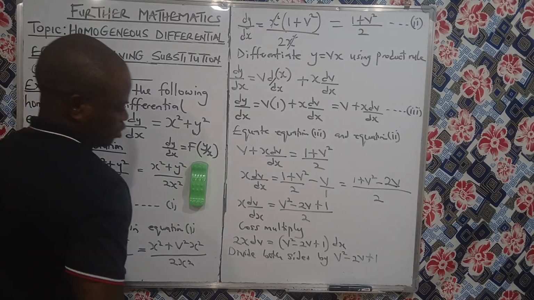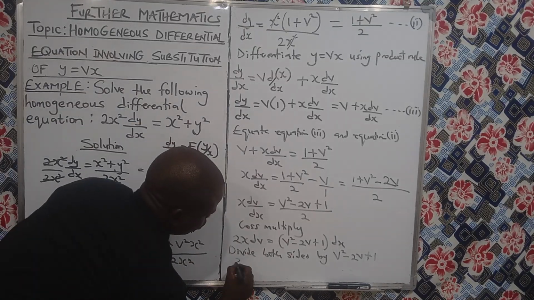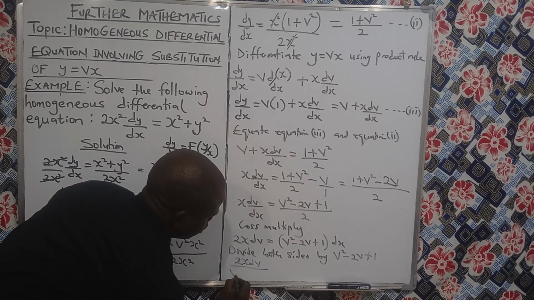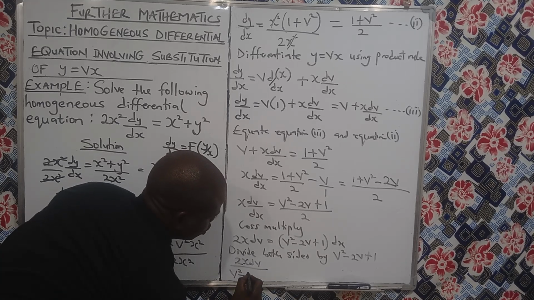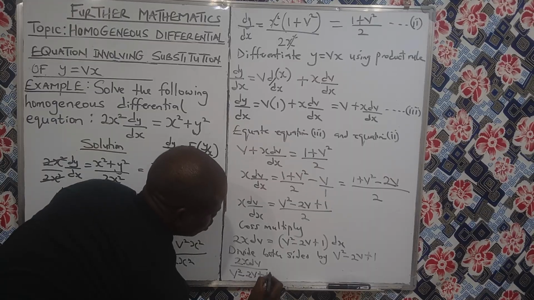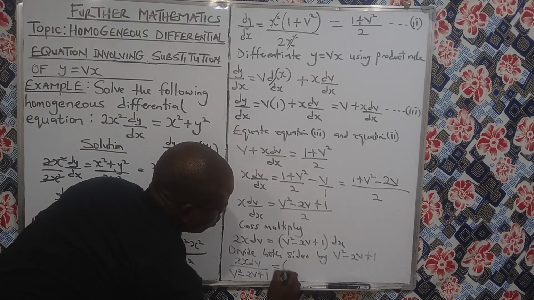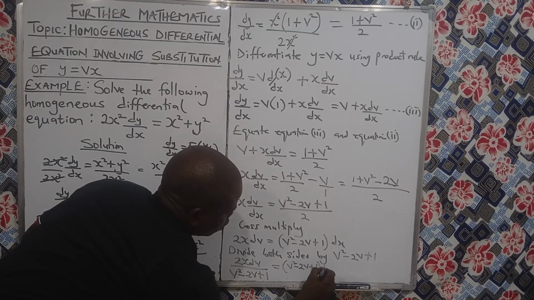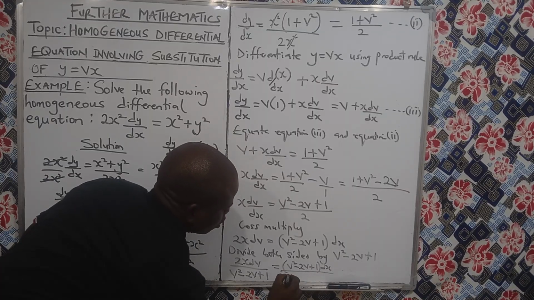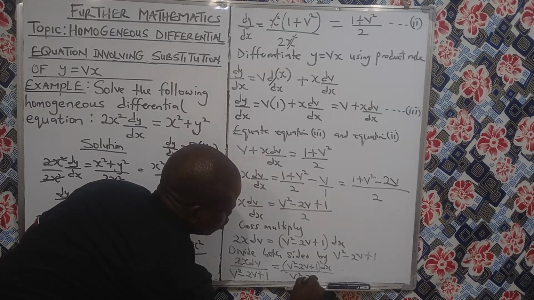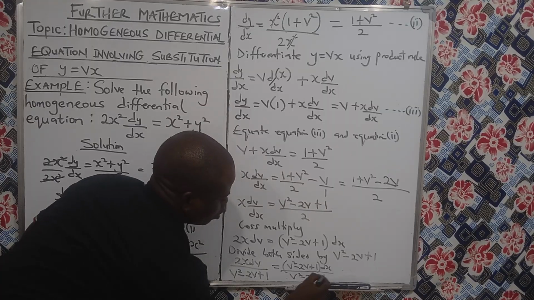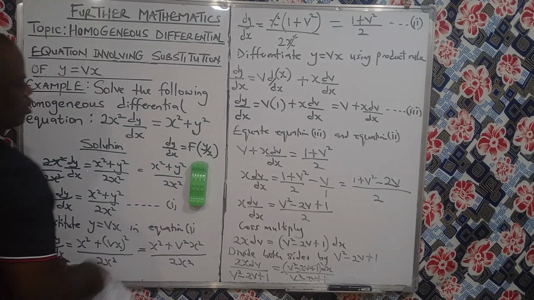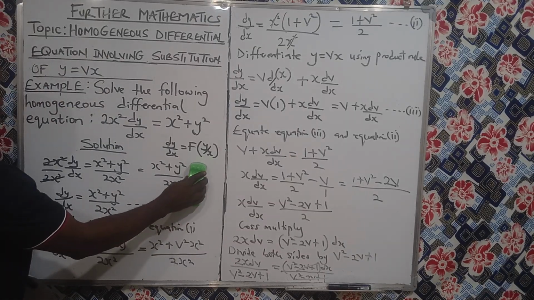We now have 2x dv over v squared minus 2v plus 1 equals v squared minus 2v plus 1 dx over v squared minus 2v plus 1. It cancels out.